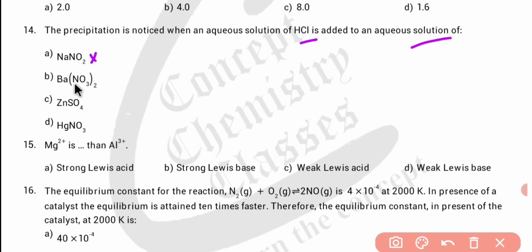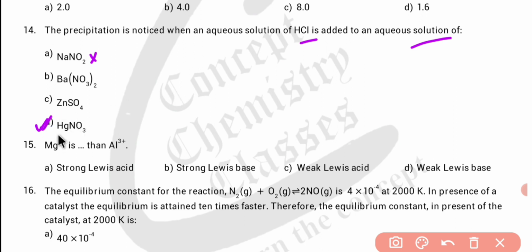When added to barium nitrate, barium chloride will be formed, and that is water soluble, so no precipitate will be formed. Again zinc sulfate, zinc chloride will be formed, and zinc chloride is also soluble in water. So the correct option has to be D.